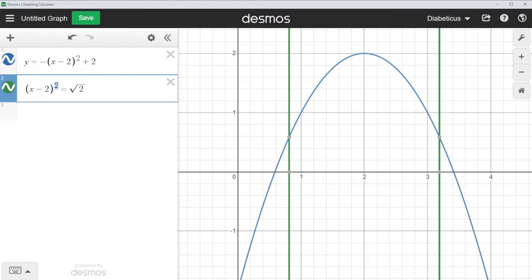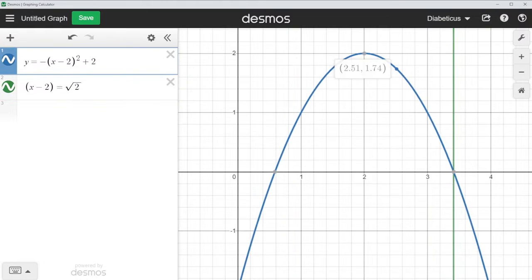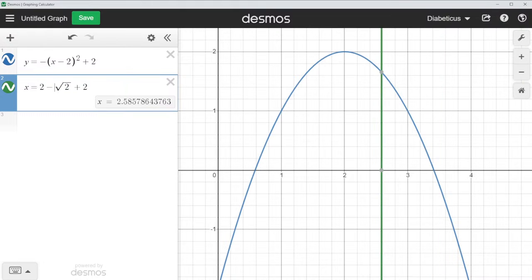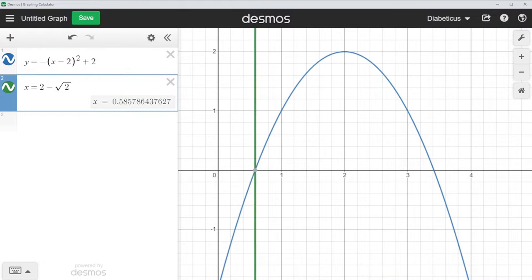By the way, this is how I solve problems. I just type the equations in Desmos and then boom. And then I just do the algebra in the expression fields. Then plus 2. Minus square root 2. Oh, okay.